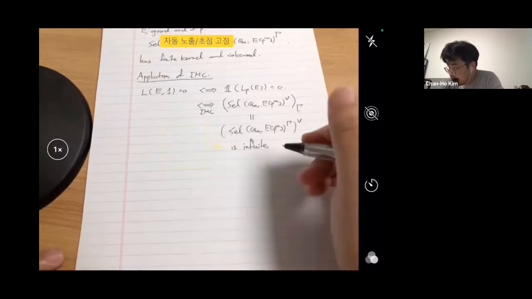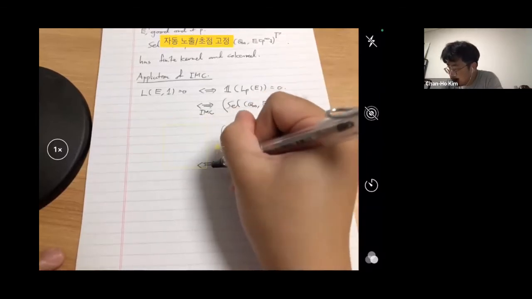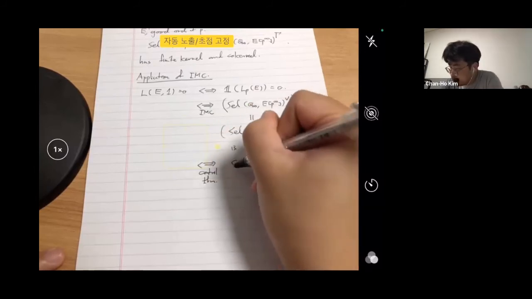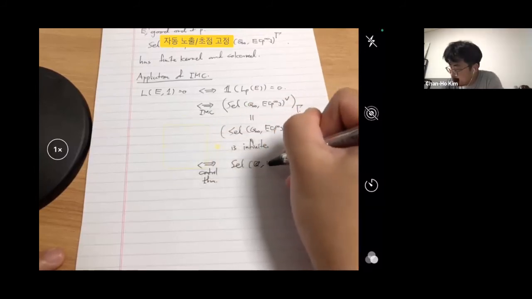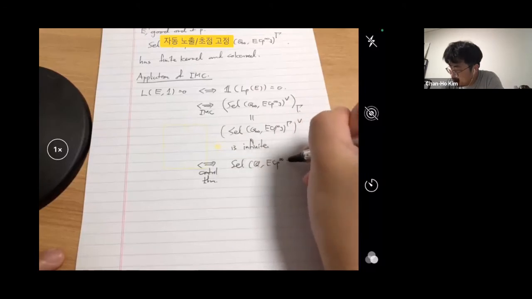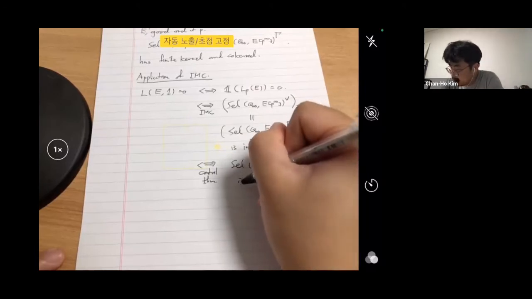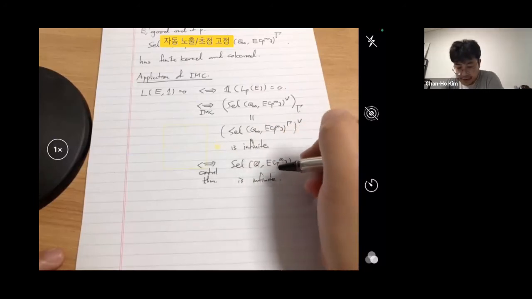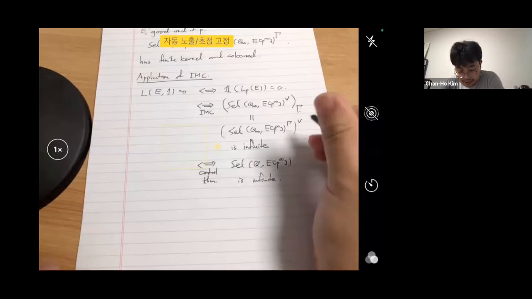Then using the control theorem, the Selmer group at the bottom is infinite. This is one application of the Iwasawa main conjecture to a Birch and Swinnerton-Dyer type conjecture.